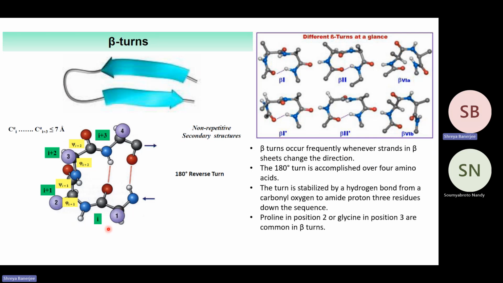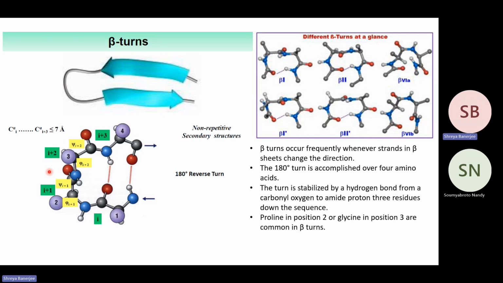Again, we'll count the amino acids by the C alpha. So this C alpha, we can call it I, which is labeled as 1. Then a peptide bond, then the second amino acid, which is I plus 1, another peptide bond, third amino acid, that is I plus 2, another peptide bond, and fourth amino acid, which is I plus 3.